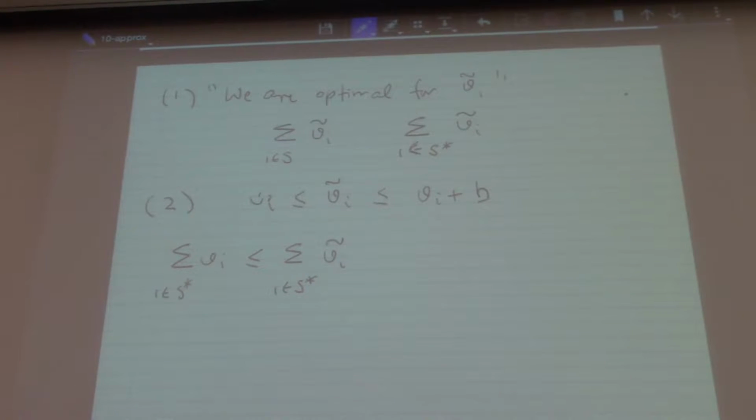Sometimes better means the other way. You've got to keep that straight in your head. I didn't keep it straight in my head, so I can't blame anyone else. You're right. For this case, we were better, so this should have been this.